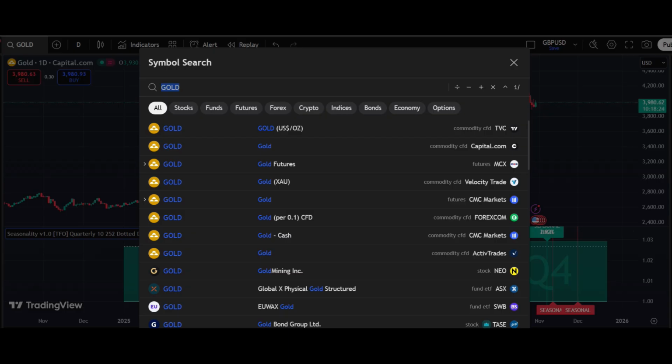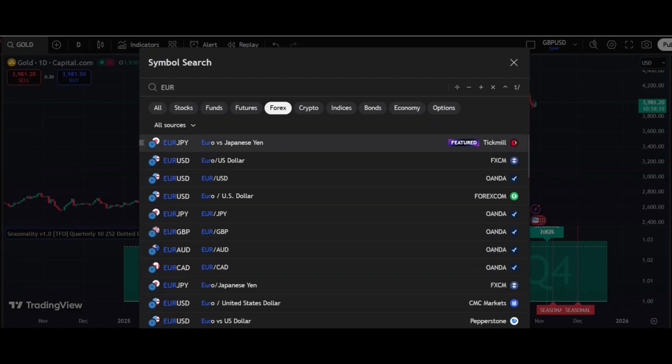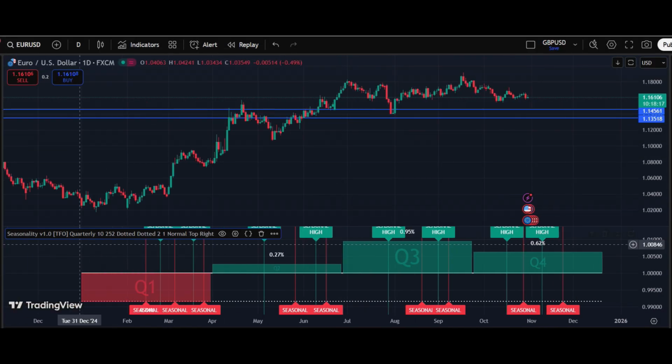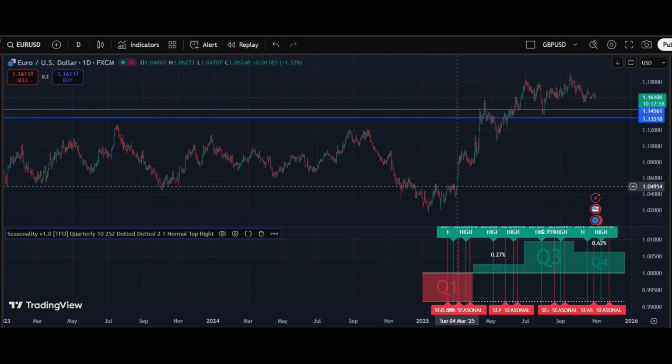Let me try to see, for example, the euro. Talking about euro dollar, you can see how the first quarter for the euro usually varies during the years, and it was like that last year. I remember it varied. Now it was bearish in the whole month of January, but we got a very strong push in the end of the quarter, and the whole second quarter was high for all currencies against the US dollar.